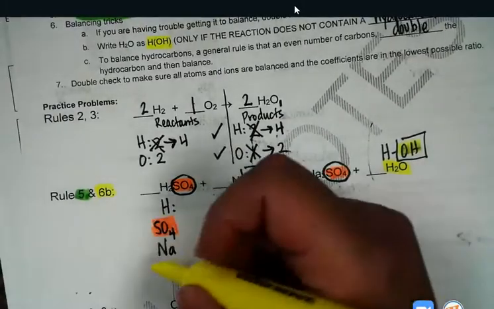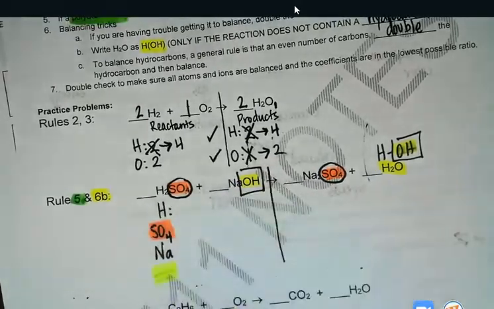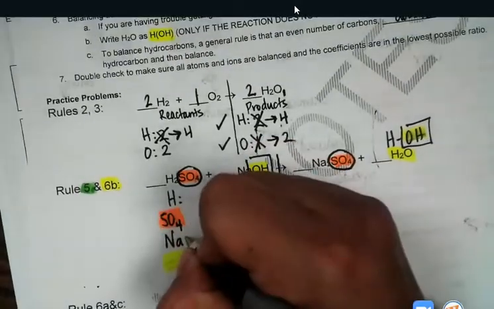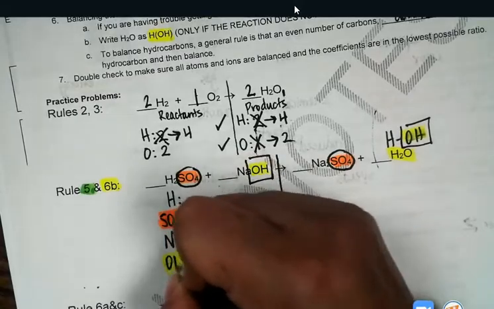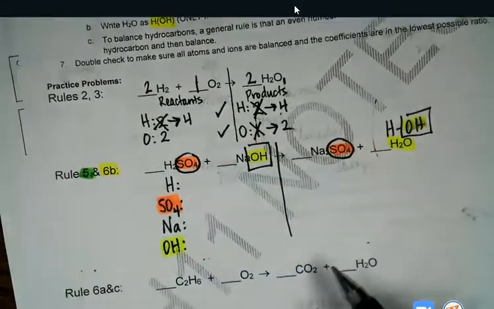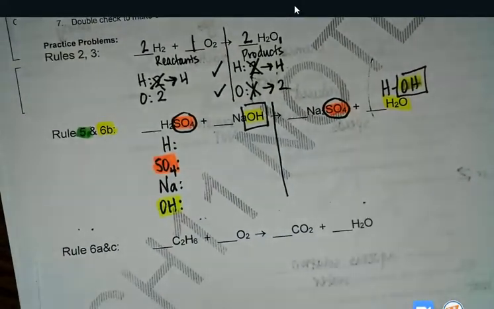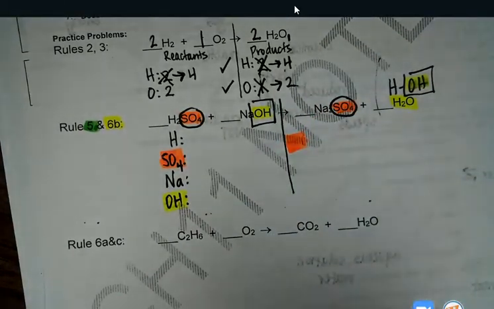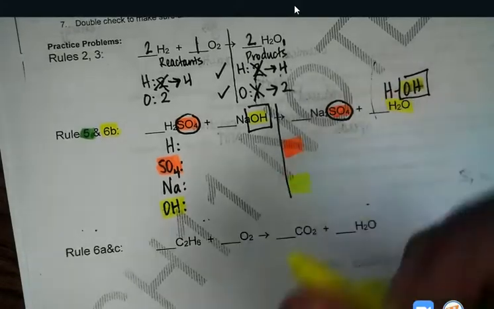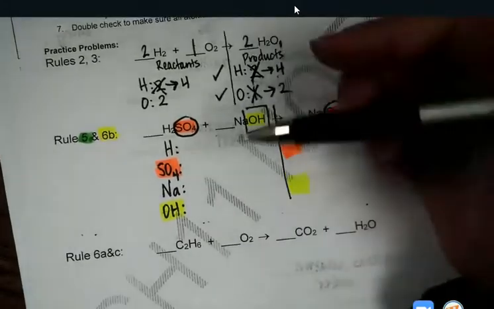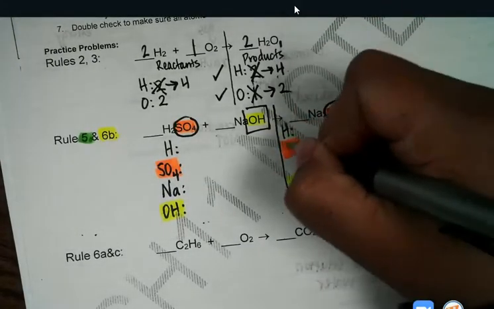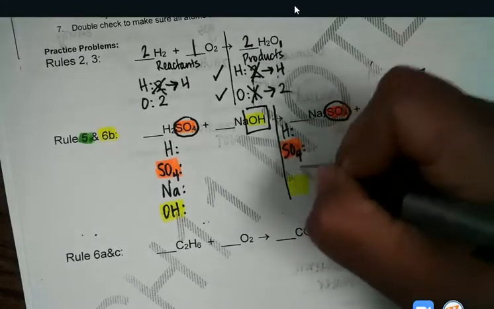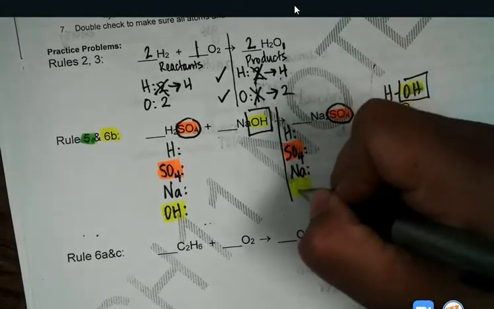And then I have OH. Remember, the atom inventory works as long as I keep them straight across, the same amounts. So I have my H, SO4, Na, and my OH.